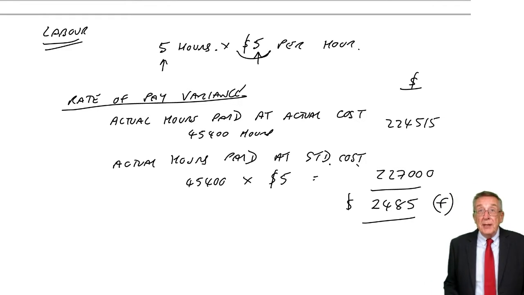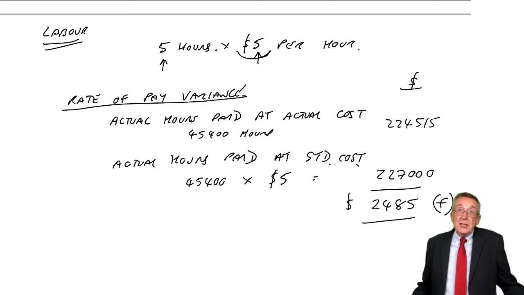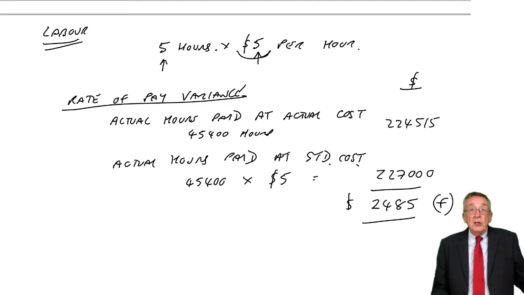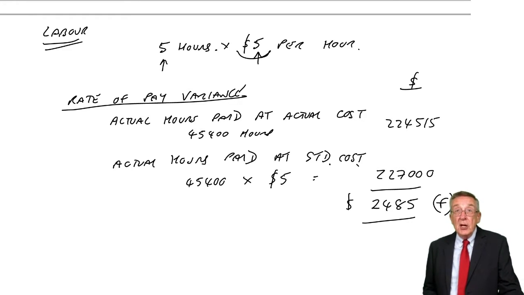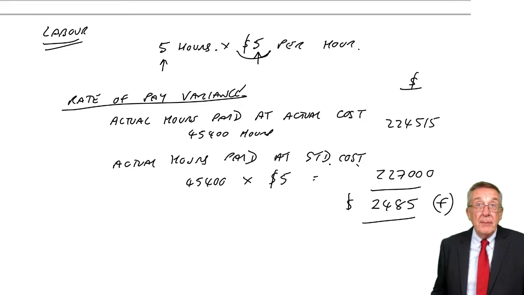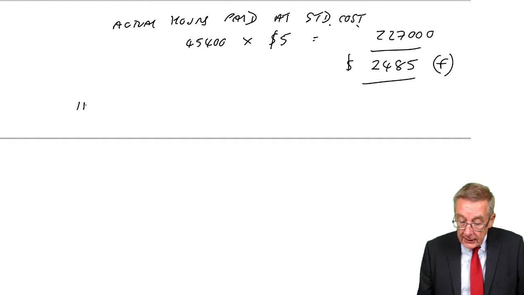Maybe they were just sat around doing nothing and we paid them. Maybe machines broke down and so they couldn't do any work and we still paid them. But whatever the reason, we've been paying them for hours when they did no work. And obviously you're losing money if you pay them for hours when they do no work. Well, we call this the idle time variance.